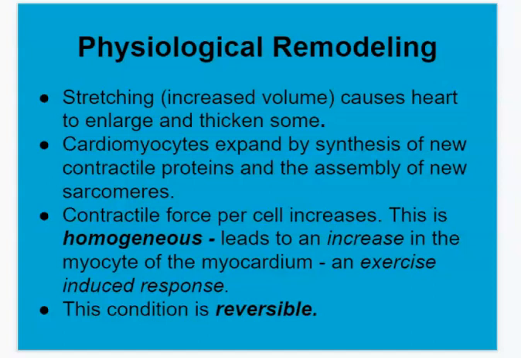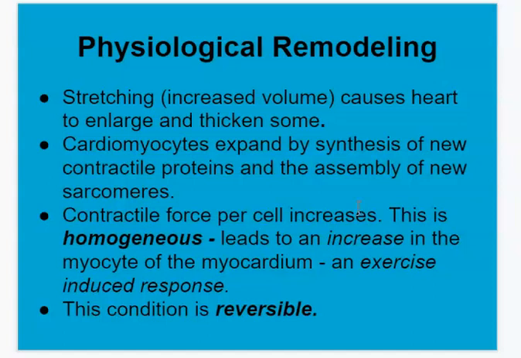Whereas with physiologic remodeling, it's going to stretch. We've heard about the Frank-Starling mechanism, right? Stretching, increased volume. The heart will enlarge and thicken, primarily in athletes. So the actual myocytes of the heart expand. New contractile proteins are laid down, and so on and so forth.